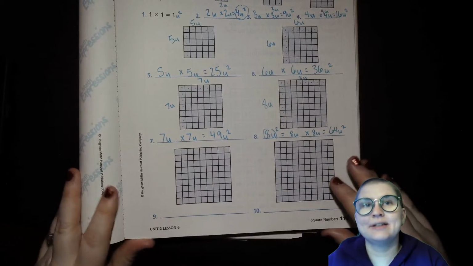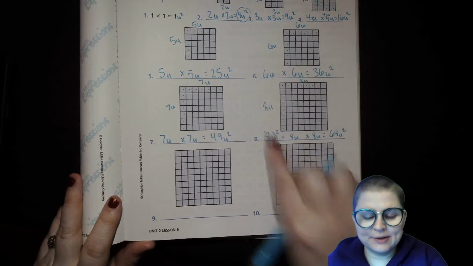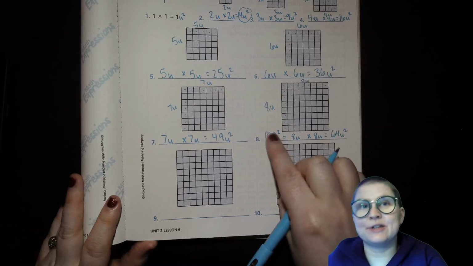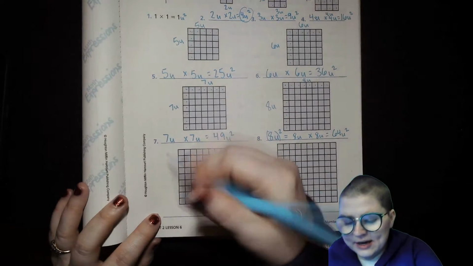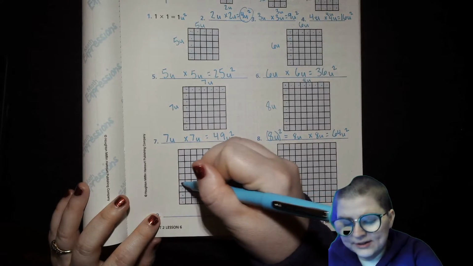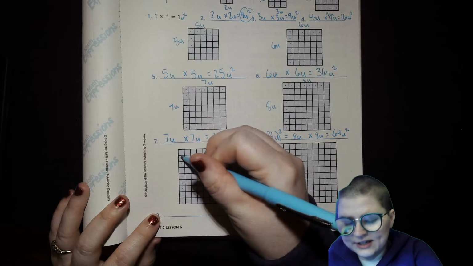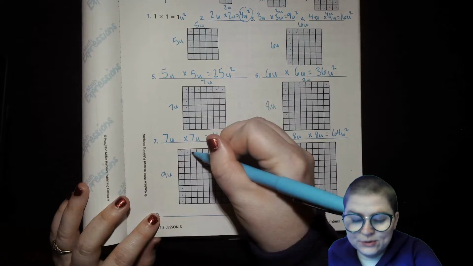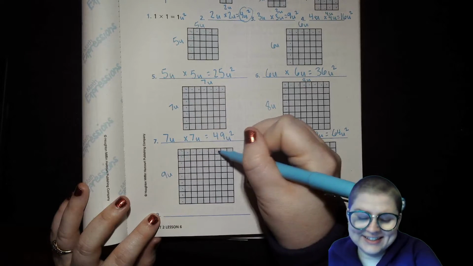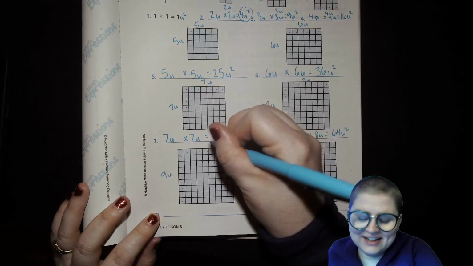This is another way to write that, but you have to have the parentheses to show that the square is for the whole thing, not just for the U. All right, count with me. 1, 2, 3, 4, 5, 6, 7, 8, 9. 9 units. 1, 2, 3, 4, 5, 6, 7, 8, 9. 9 units.